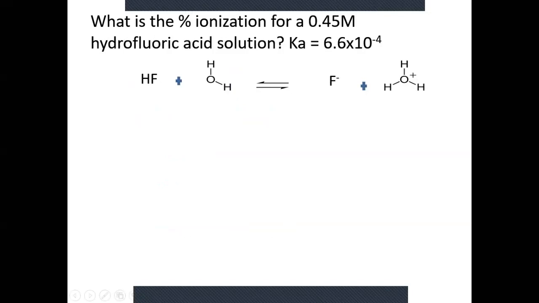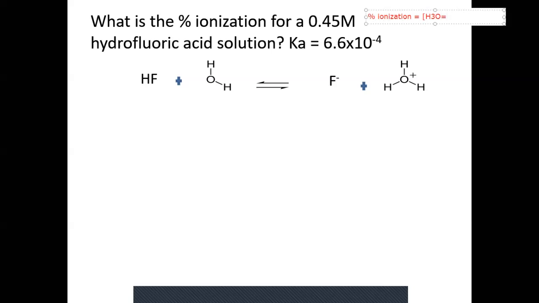Percent ionization means how much acid was ionized, and equals the hydronium ion concentration divided by the initial acid concentration times 100.